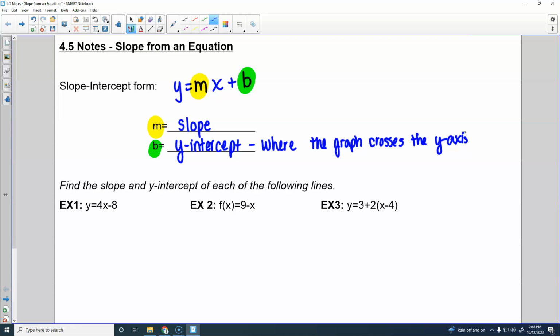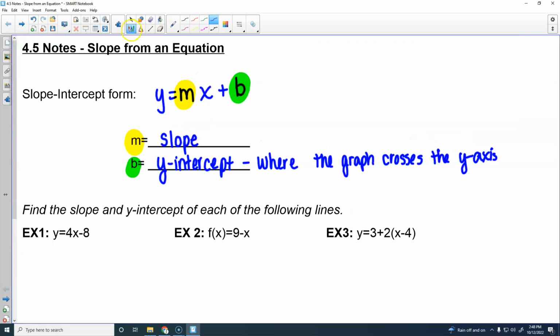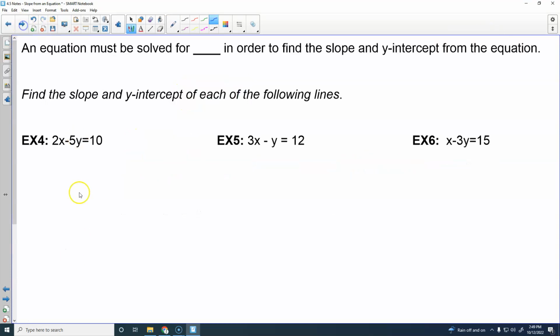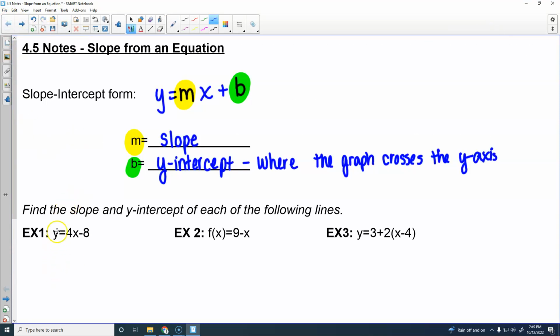So if we are looking at our examples here, whenever we look for our slope, for all of these equations, I've got y equals right here.